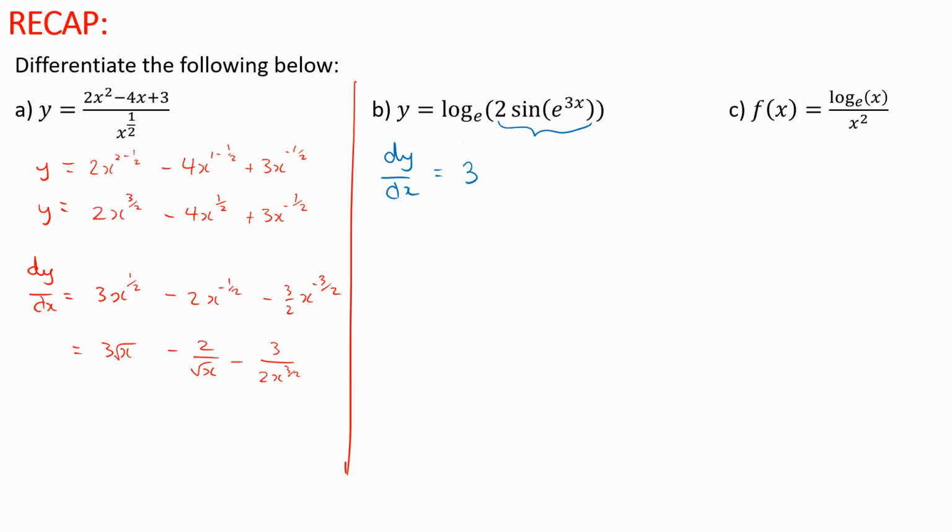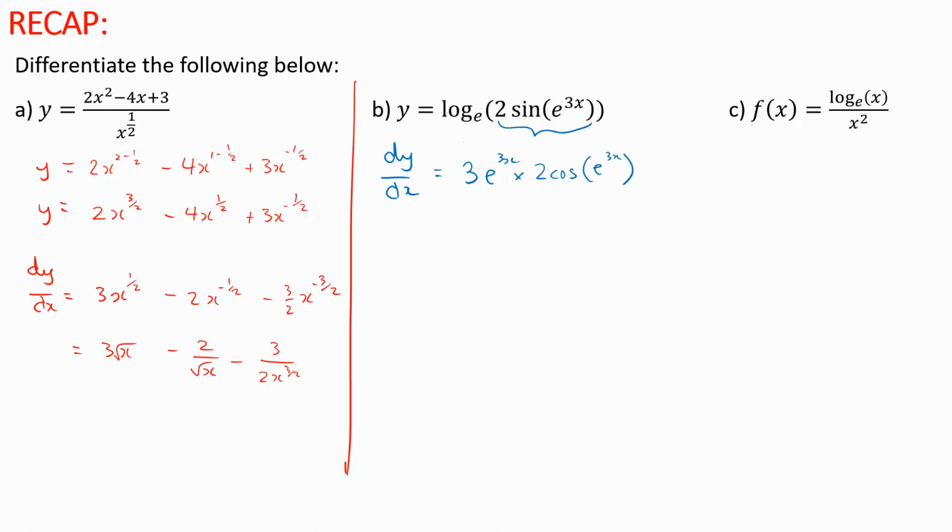Derivative of the outside, e to the power 3x is itself, so e to the power 3x. And then multiply that by the derivative of sine, which is cosine of e to the power 3x. So notice I'm keeping that, that's the derivative of the inside. I've done a double chain rule there.